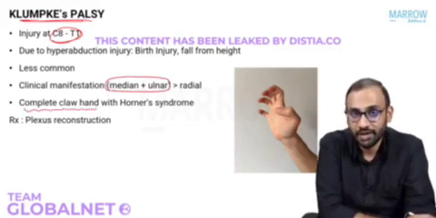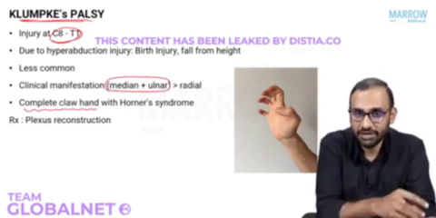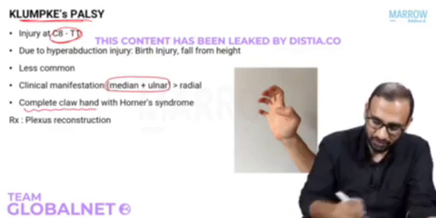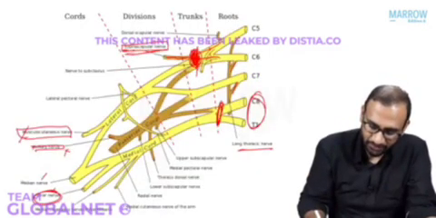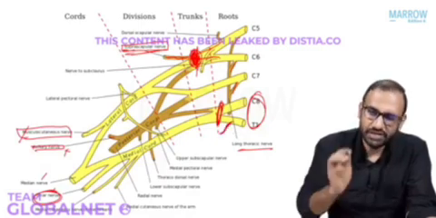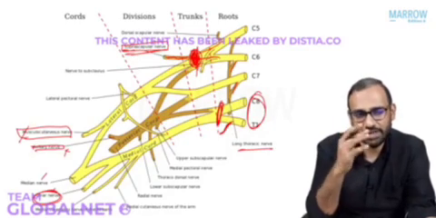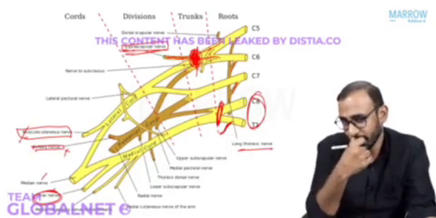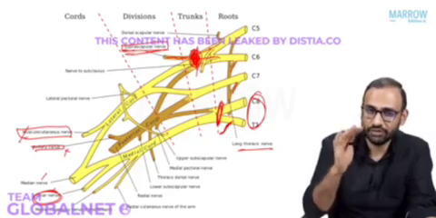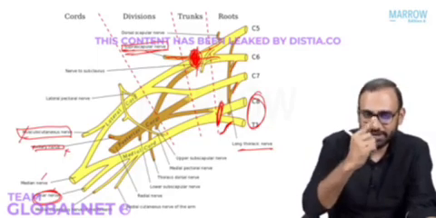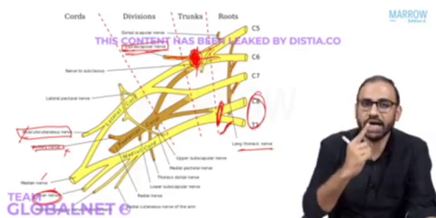That will be there. But not just that. The patient will also have the involvement of T1. Now remember, T1 gives a sympathetic supply to the ipsilateral side of the face. The ipsilateral side of the face gets its sympathetic supply from T1, 2, 3 and 4. T1 supplies the ipsilateral sympathetic supply of the eye.